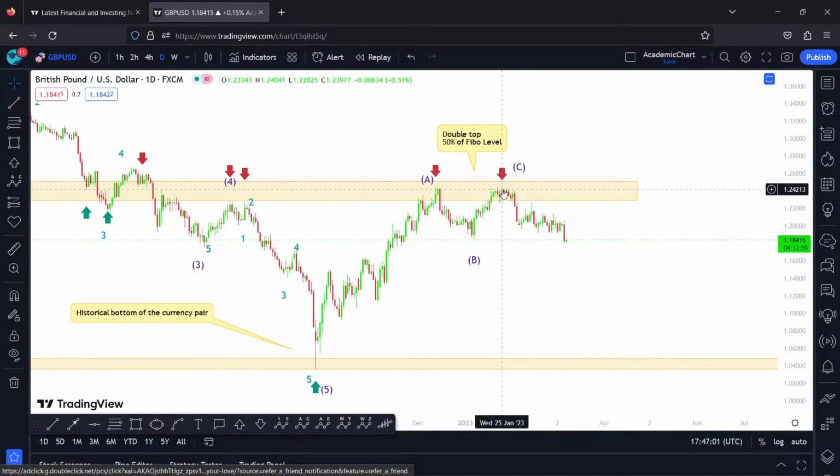But you can see that this C wave actually had some sort of truncation. Truncations usually happen in the final fifth wave of the impulsive waves, when the fifth wave cannot reach or break the destination of the third wave.